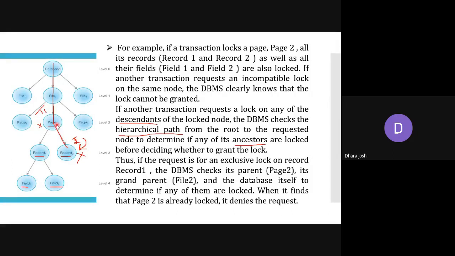Yes, we have a lock on page 2. So the DBMS checks its parent, page 2, its grandparent, which is file 2, and the root, which is database. When it finds that page 2 is already locked, the DBMS or the lock manager will deny the request for transaction T2.